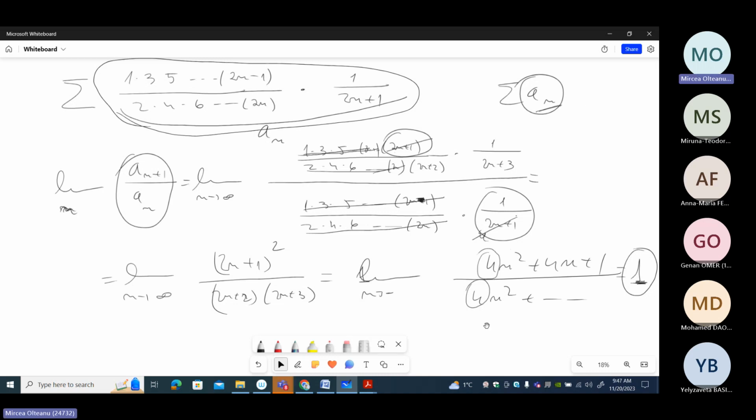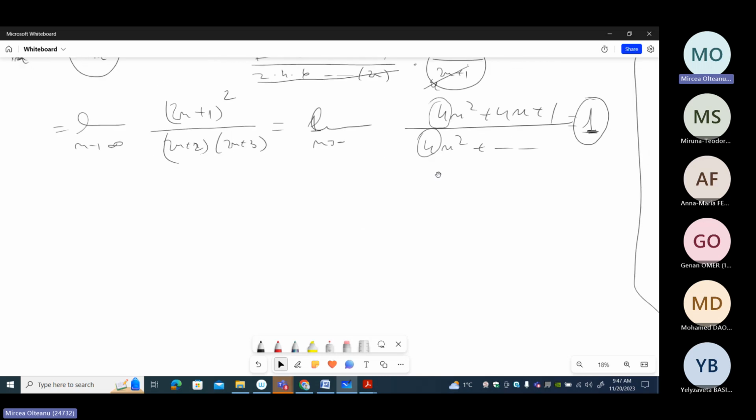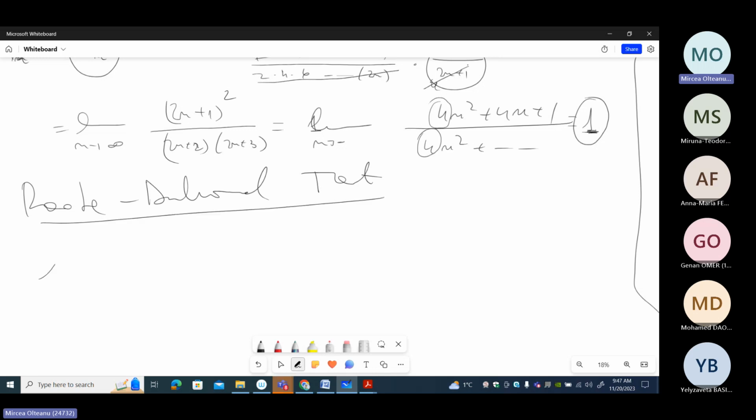Now, because it didn't decide, we go further to the Raabe-Duhamel test. The Raabe-Duhamel test, or simply Raabe, says the following. Compute the following limit. If this limit is less than 1, it will be divergent.